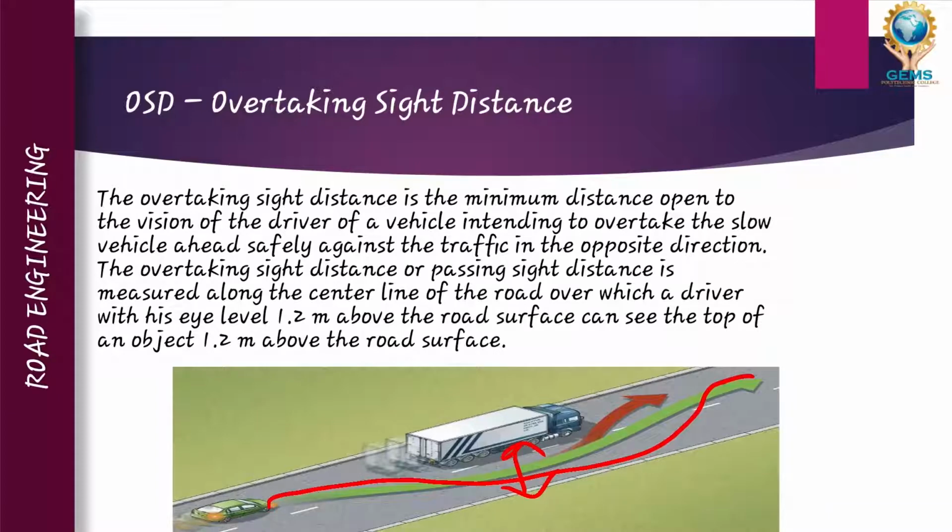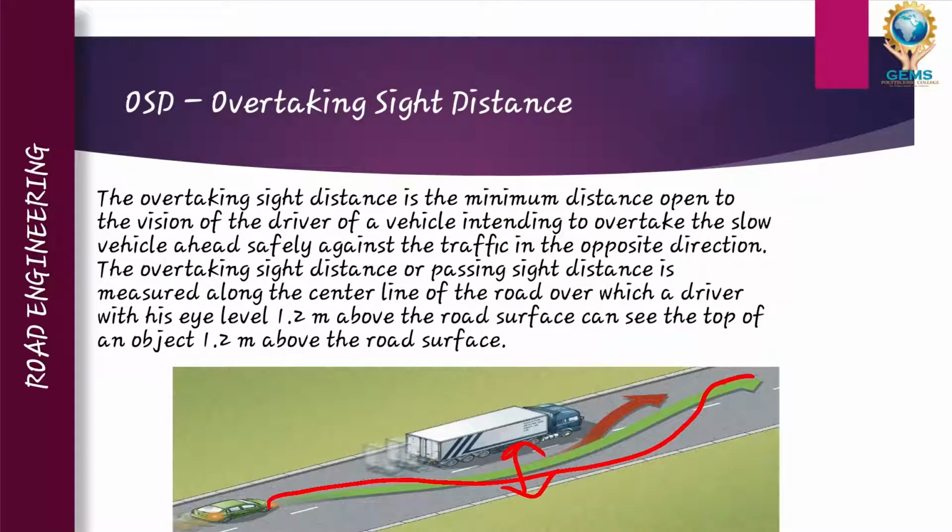The overtaking sight distance is the minimum distance open to the vision of the driver of a vehicle intending to overtake the slow vehicle ahead safely against the traffic in the opposite direction.